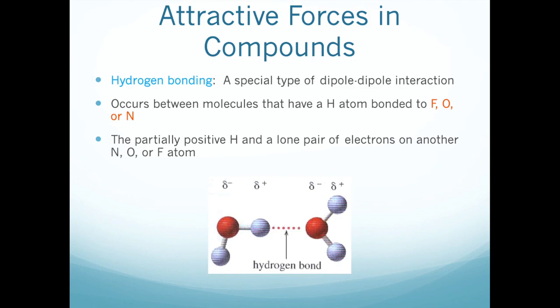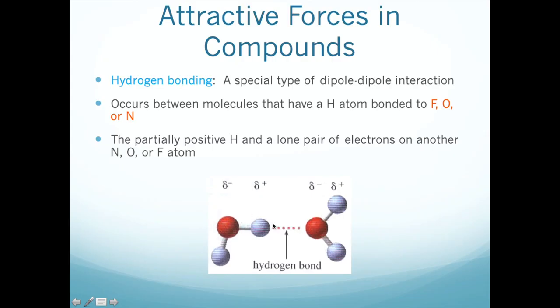So you have a polar interaction here, but it's so polar. There's a really stark positive charge on that hydrogen that has no electrons shielding it. So the dipole interaction you get between two of these molecules is really, really strong because you have this very electronegative atom connected to this pretty much bare proton.